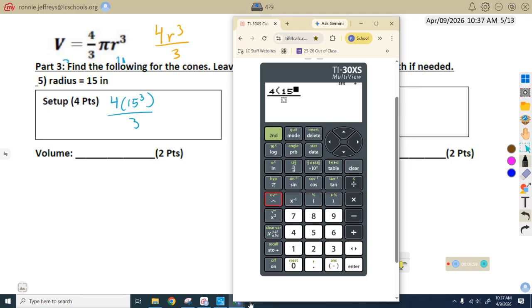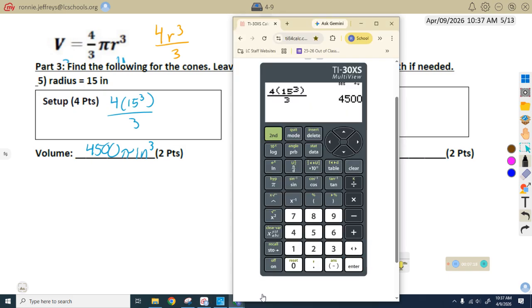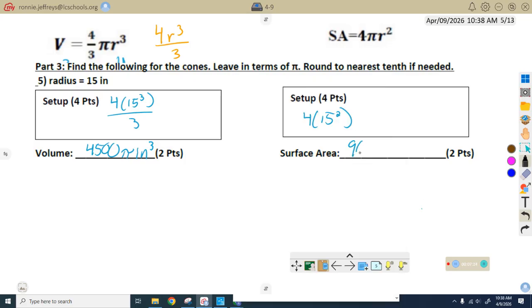That's 15 raised to the power of 3. 4,500 pi inches cubed. 15 squared. So 900 pi inches squared.